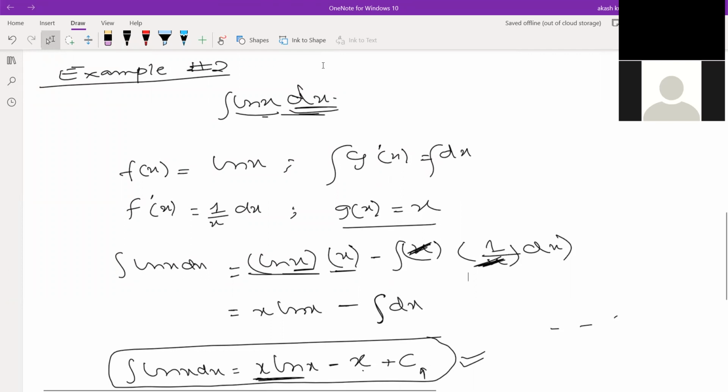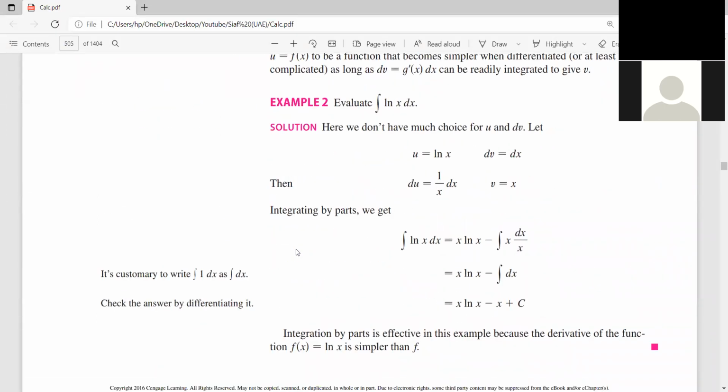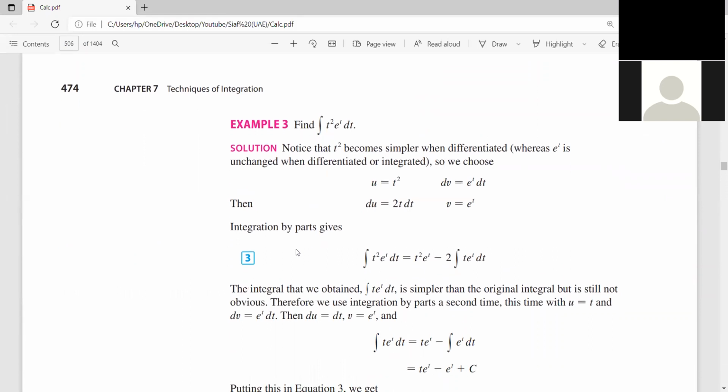Okay, let's go through example number 3. Example number 3 is the integral of t square e raised to the power t dt.